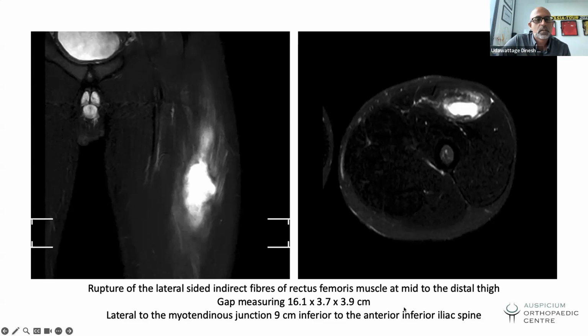So in this young man, what I did was I aspirated that hematoma. I used an activated form of the PRP so that it stayed within that space, and lots of compression, physiotherapy afterwards, and I'm pleased to say that he's back to sport, and he's doing very well.